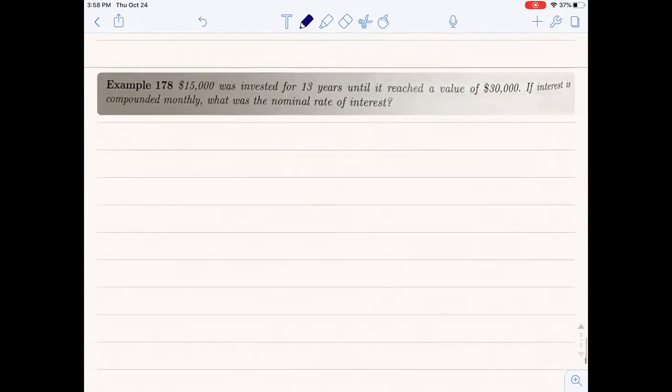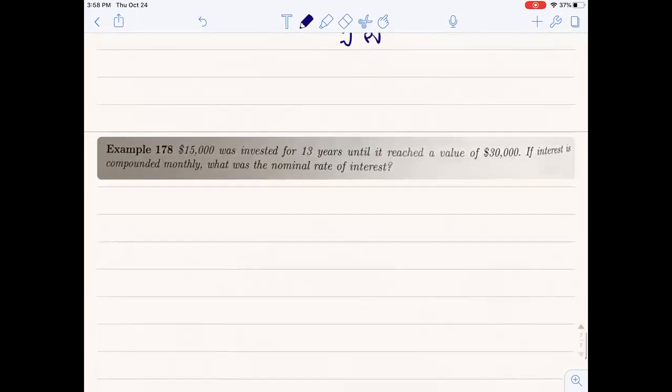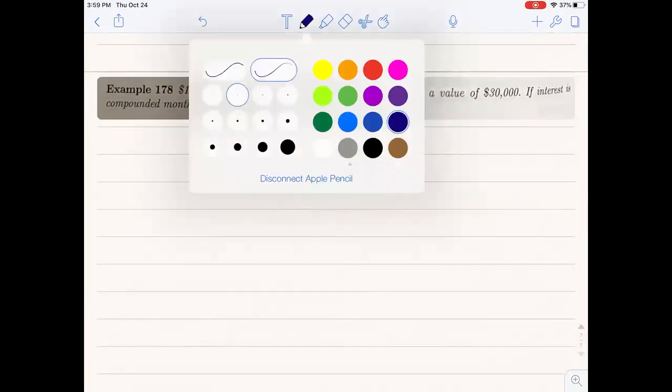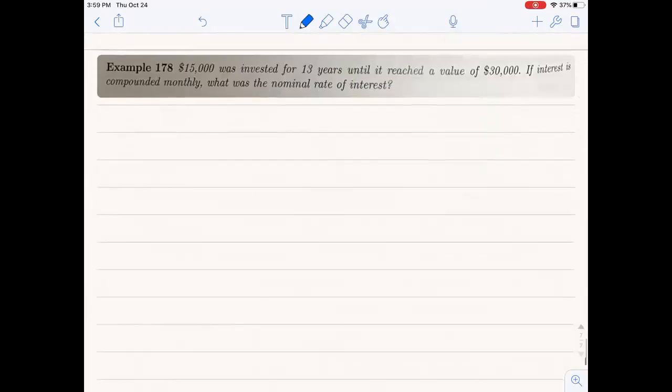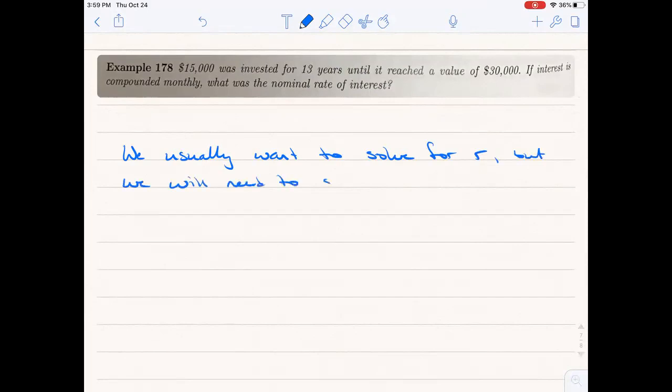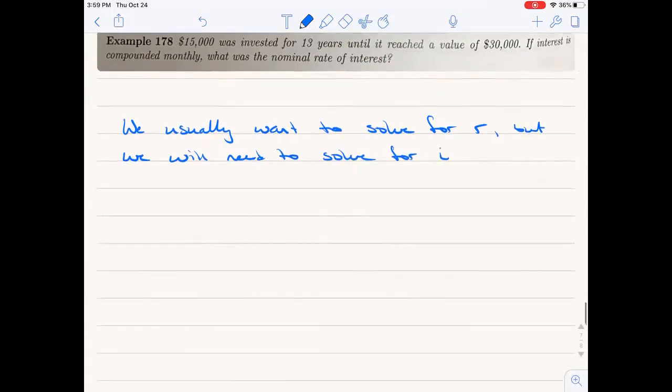I'll do it as a little different colored note here. So we usually want to solve for R, but we will need to solve for I first.